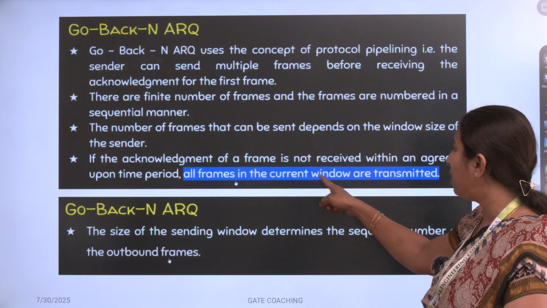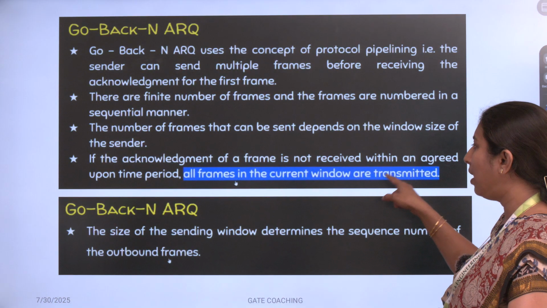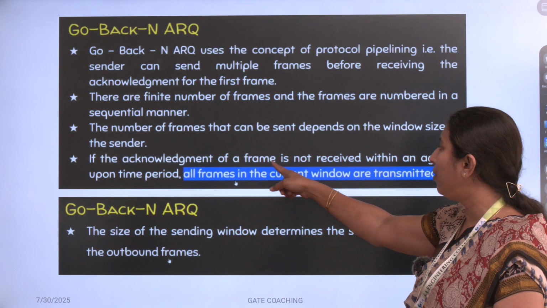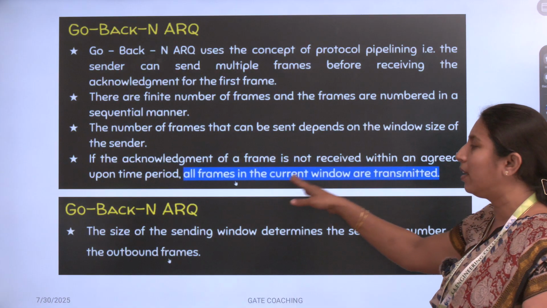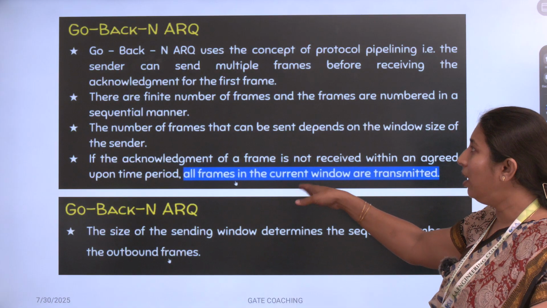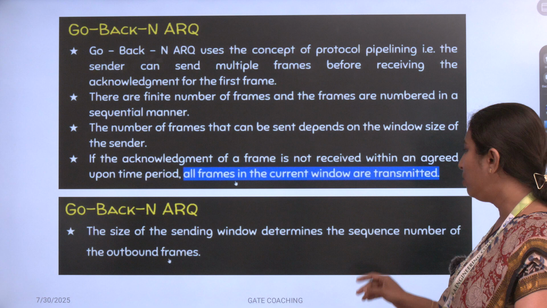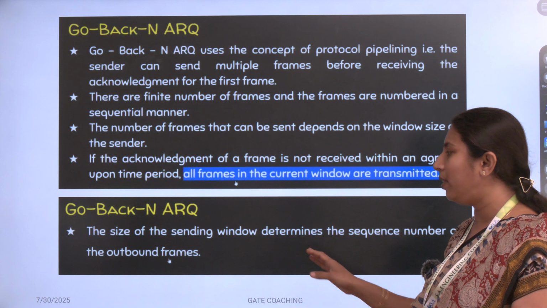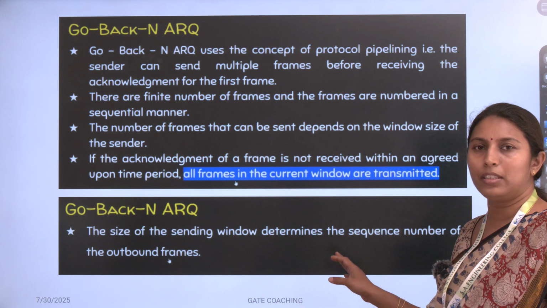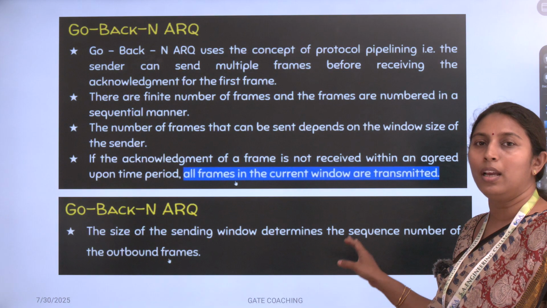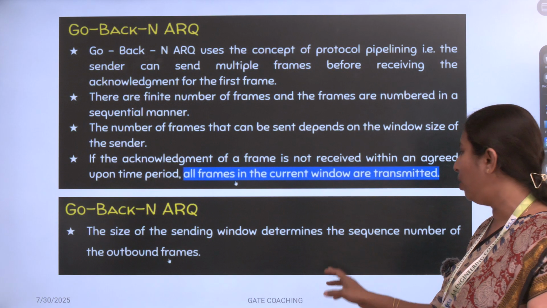So all the frames in the current window are transmitted again if the acknowledgement of a frame is not received within the agreed time period. That is Go-Back-N ARQ. Here also it is based upon the window size, since it works under the concept of sliding window protocol.